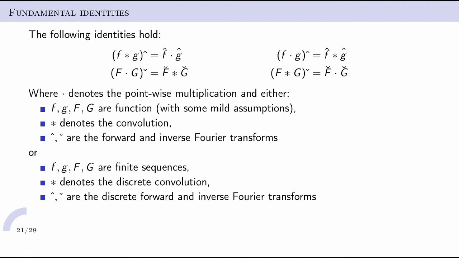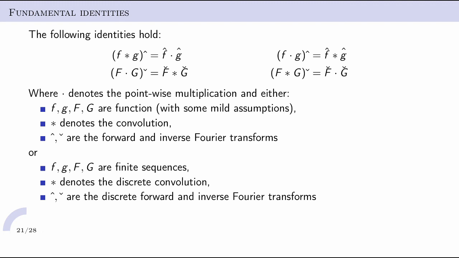The fundamental identity says that the Fourier transform and inverse Fourier transform convert convolution to a pointwise multiplication and pointwise multiplication to a convolution. So in whichever direction we take it, we always convert one to the other.